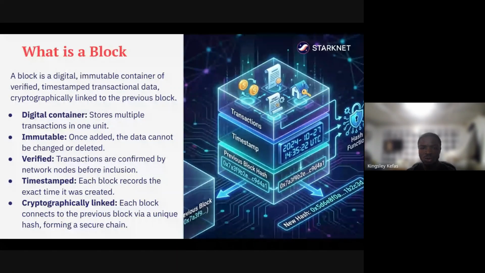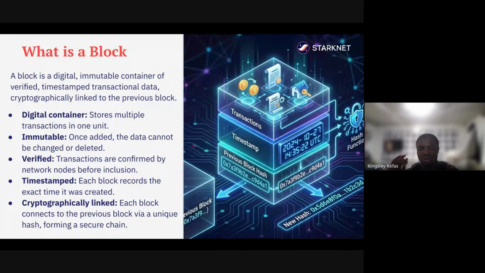The definition I have here is: a block is a digital immutable container of verified, time-stamped transactional data, cryptographically linked to the previous block. Please look at the keywords. Now that's basically what a block is.